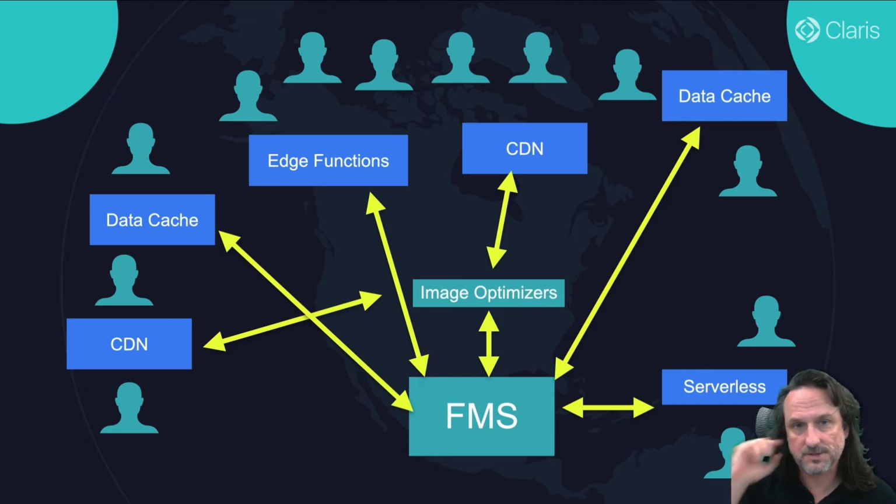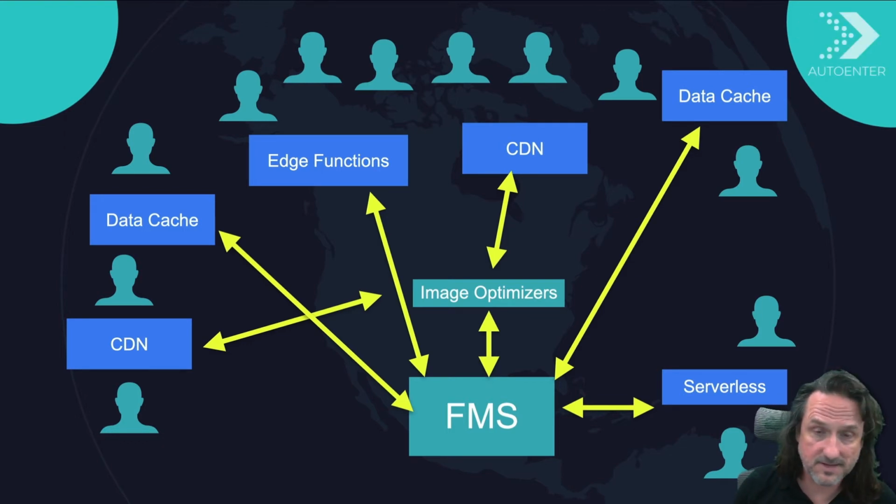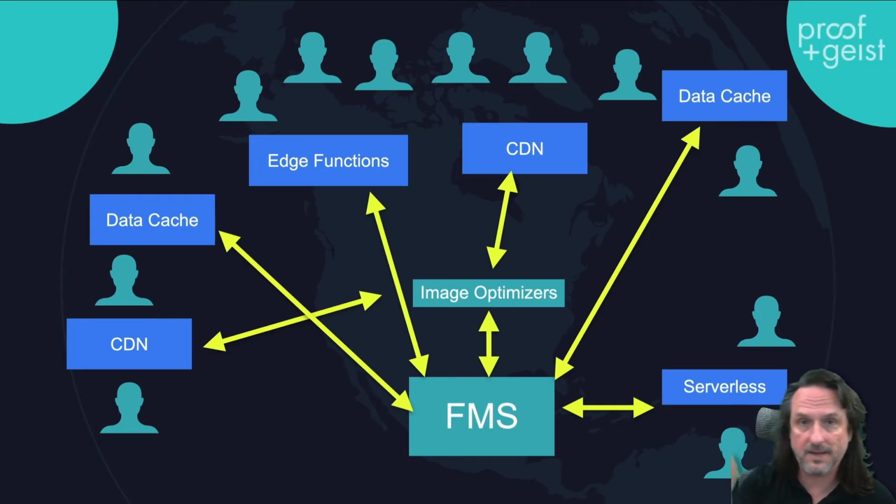They cache images all over the world so that when a browser requests an image, it can get it locally from the closest data center to that browser. Data caches, same thing, but for data. Edge functions and serverless functions are for doing compute out there on the edge, close to the user, so that you don't even have to come back to one server to run all of your computation.